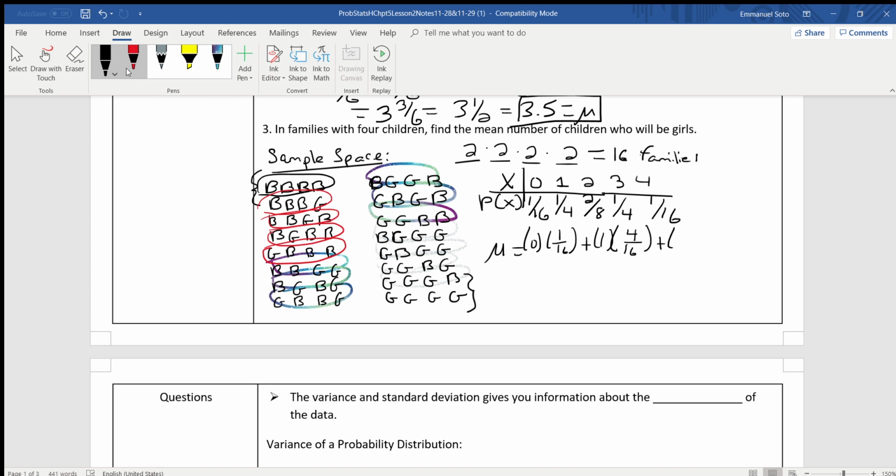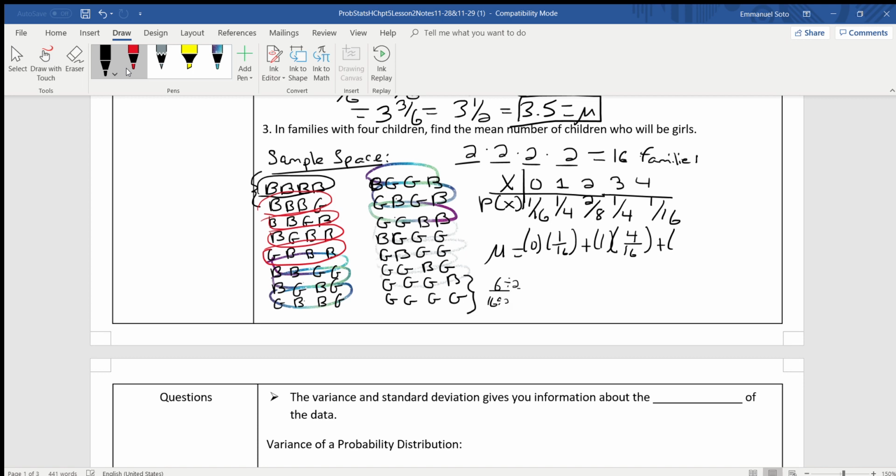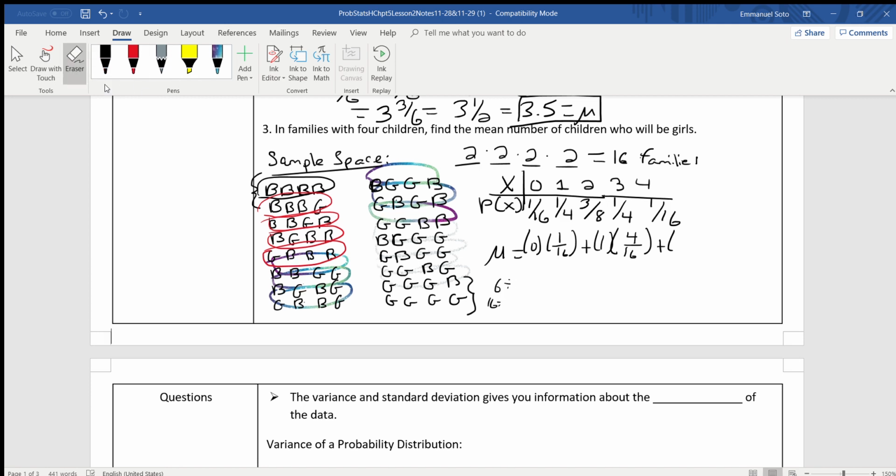I think I messed this up here. That's 1, 2, 3, 4, 5, 6. 6/16 is the same thing as divide by 2, divide by 2. This should be 3/8. That's my bad, guys. This right here is not 2/8, it's 3/8. There you go. I knew there was something iffy about that.